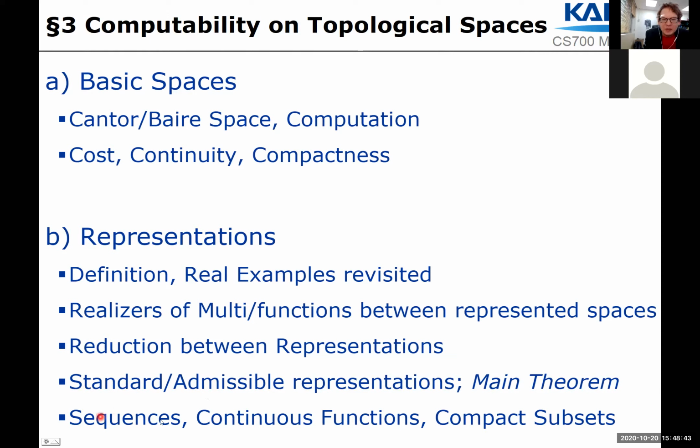And then we've performed some categorical constructions: representations for sequence spaces, representations for spaces of continuous functions on compact Euclidean subsets, and representations for compact subsets equipped with the Hausdorff metric. So that wraps up our chapter 3 on computability on topological spaces.